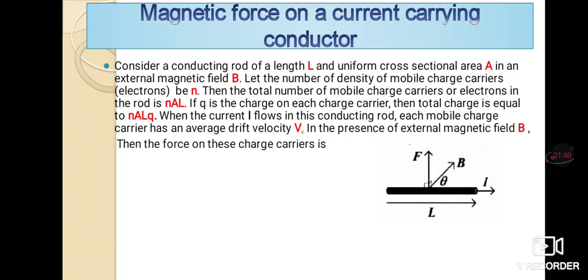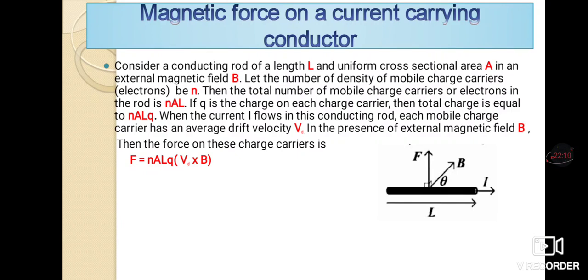Then how do we write the force on these charge carriers? F is equal to, our general equation, q into v cross B. Our q is replaced by nAL q, since there are n electrons per unit volume present in the entire area and length, each having charge q. V cross B is common.